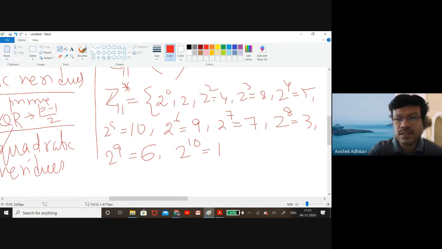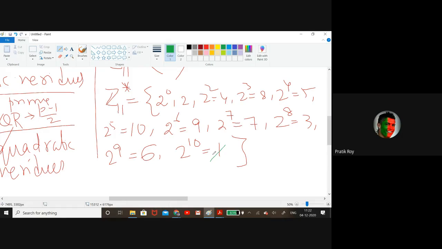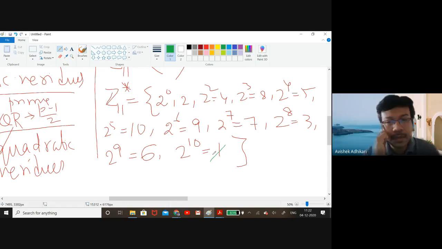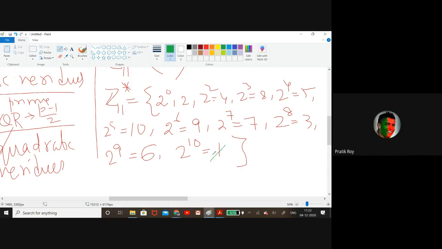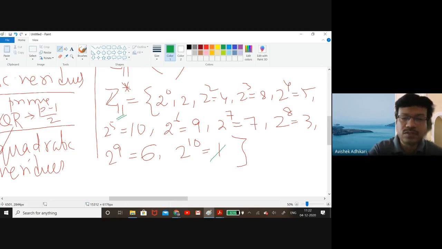Now check whether all the elements are exhausted or not. Oh no, 2 to the power 10 is not 10. How much is 2 to the power 10? It will be 1. 2 to the power 10 is 1, sir. So we should go till 2 to the power 9, right? Z11 star has 10 elements. We should not go further because it's already a repetition.